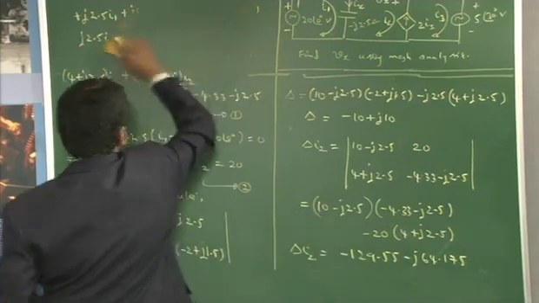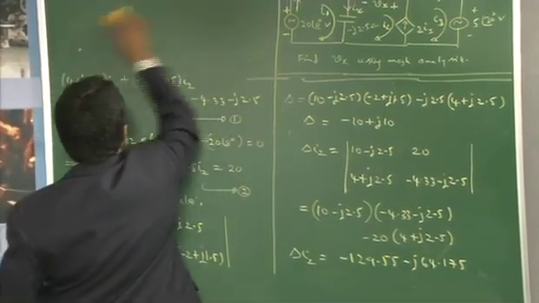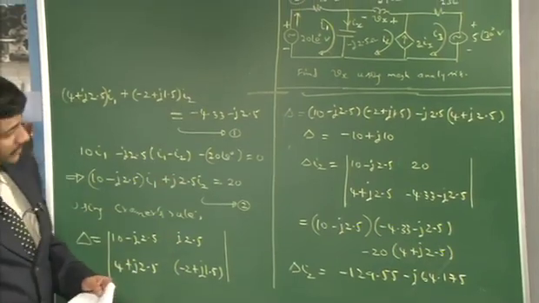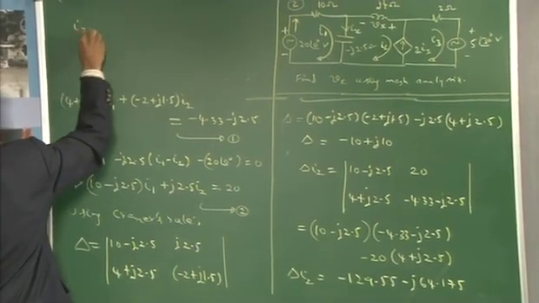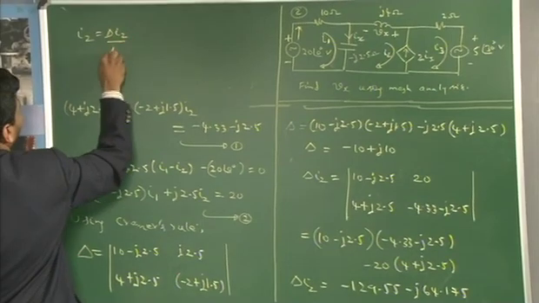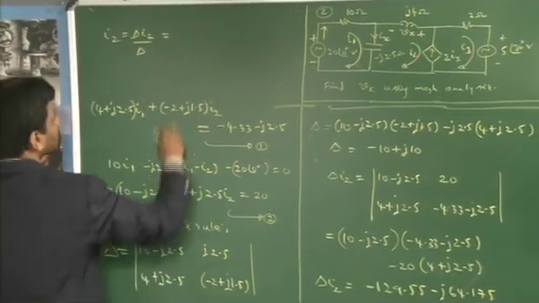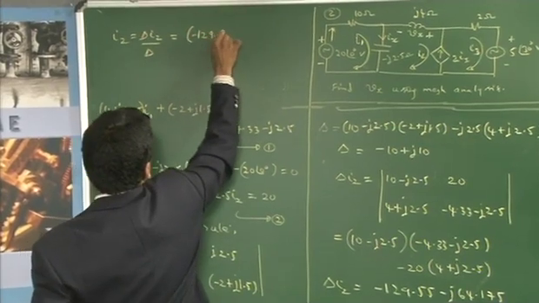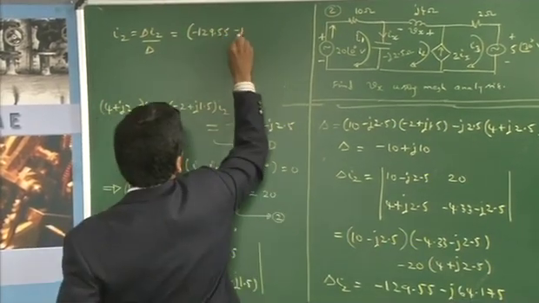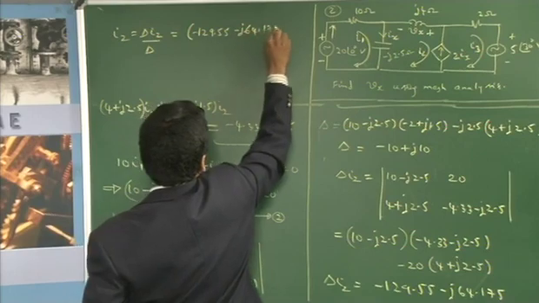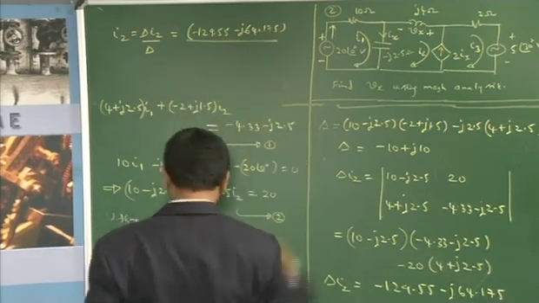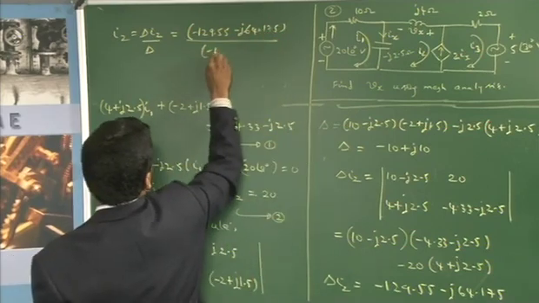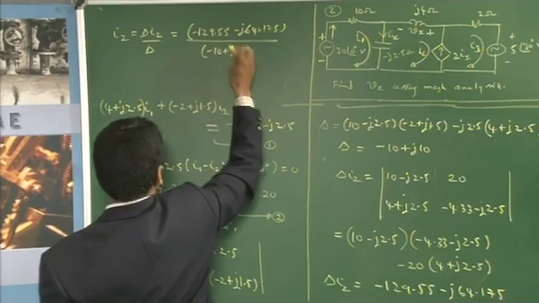Now I need to find I2, which is delta I2 divided by delta. So, it is equal to, in brackets, minus 129.55 minus j64.175, whole divided by minus 10 plus j10.